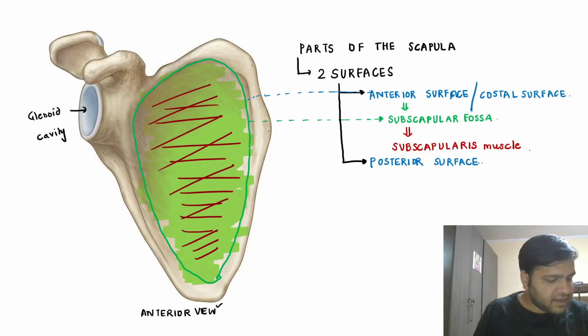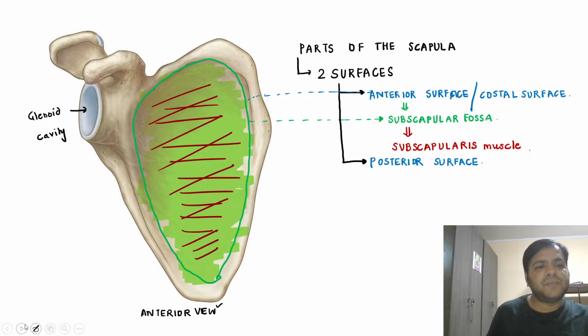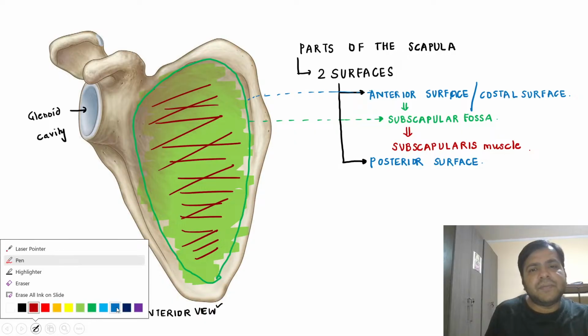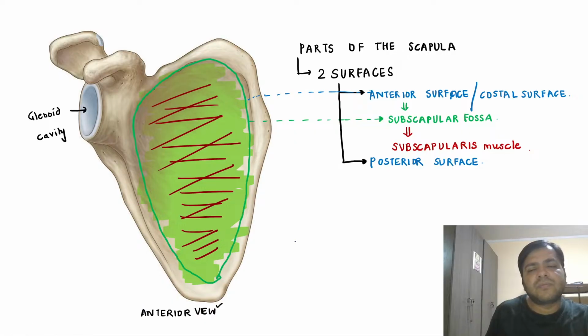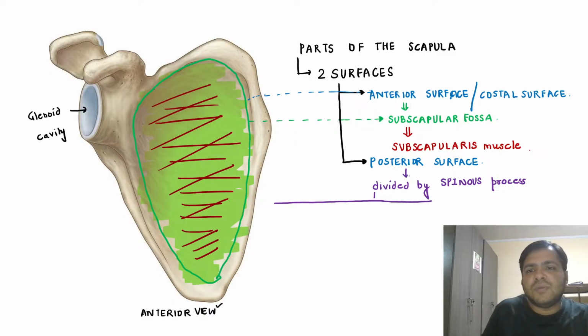Posterior surface, right? Now this posterior surface, remember guys, it is divided by which process? Spinous process. Okay, it is divided by the spinous process. Please just try to make a small flow chart over here, right?